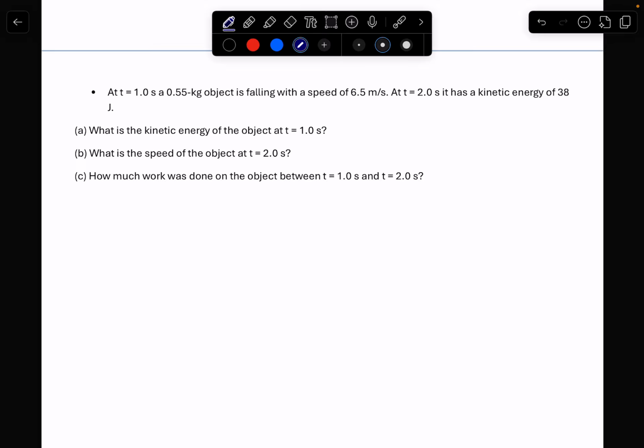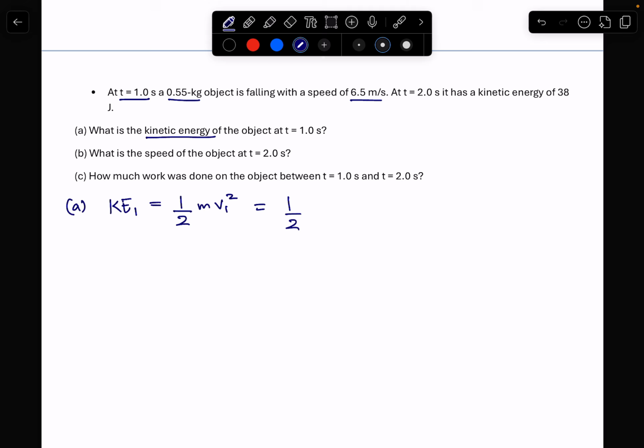So we are given, at time 1, the mass of the object and the speed of the object. So the first question asks me about the kinetic energy. So kinetic energy at time point 1 is half times mass times velocity at time point 1 squared.